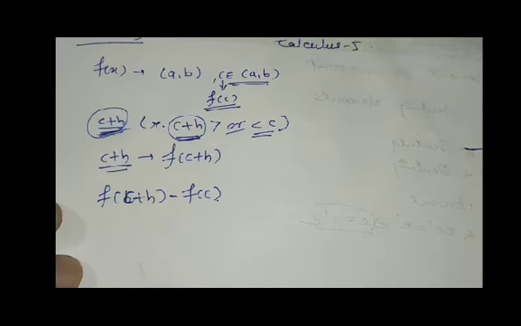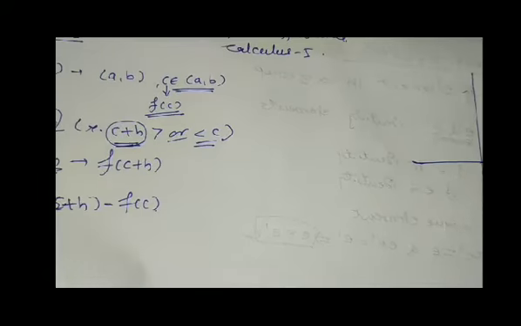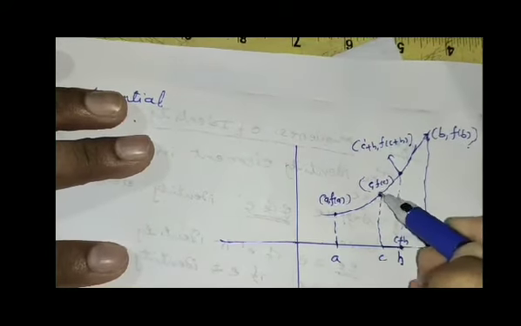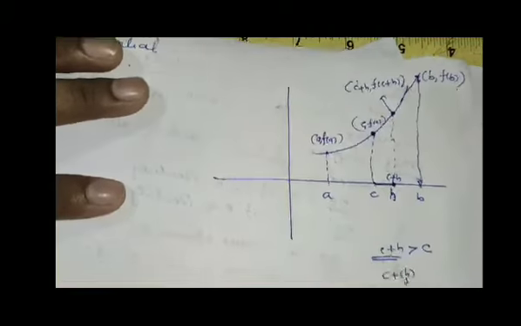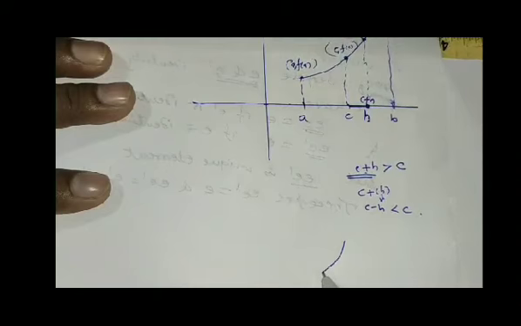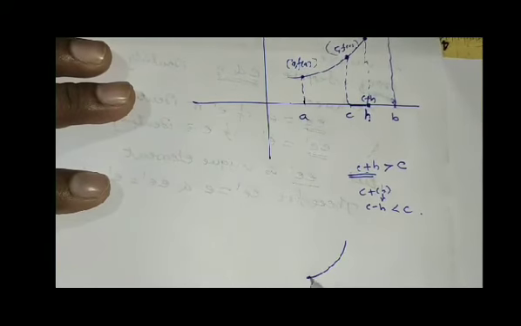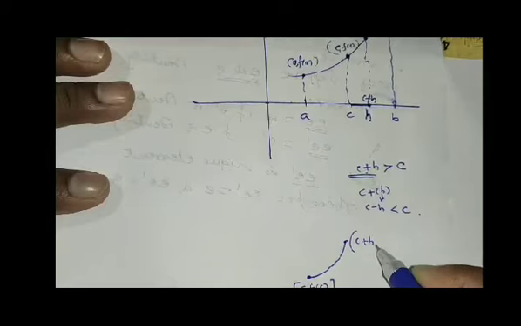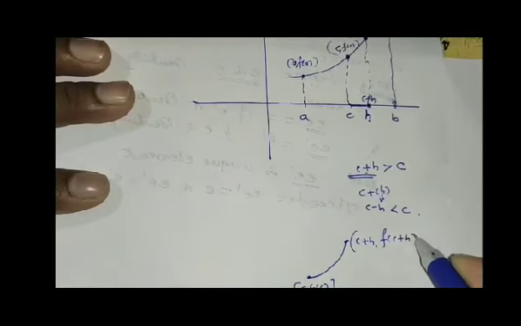So see here, I take this graph and this point. Suppose this point is c, f of c, and this point is c plus h, f of c plus h.